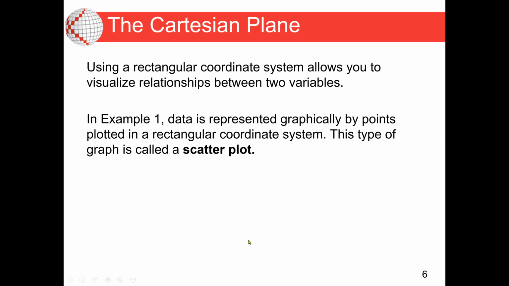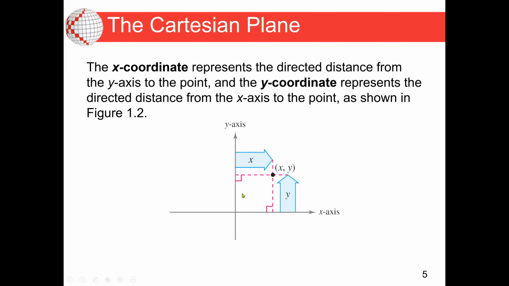Now, the rectangular coordinate system allows us to visualize the relationship between two variables. As we can see in the graph here, our variables will be on the y-axis and x-axis. For example, we want to find the relationship between income and expenses.